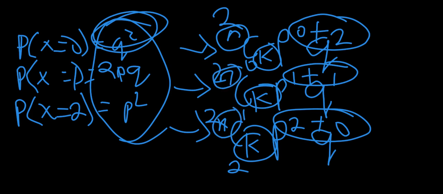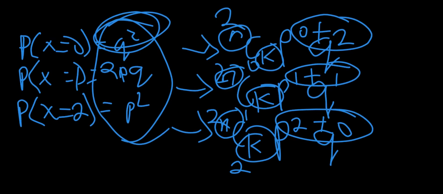Now pardon, let me simply make this neater. So we have n choose k, we have p for the first and q.